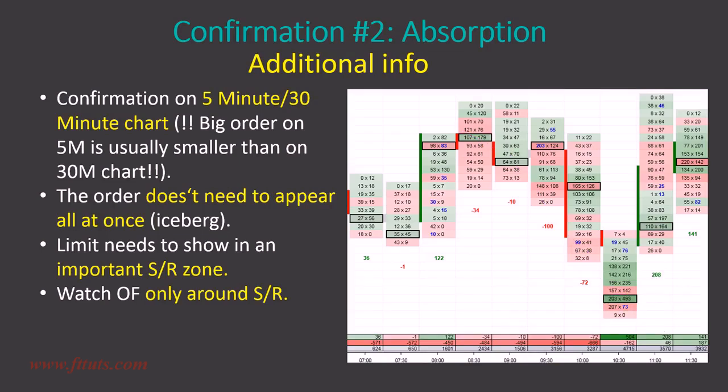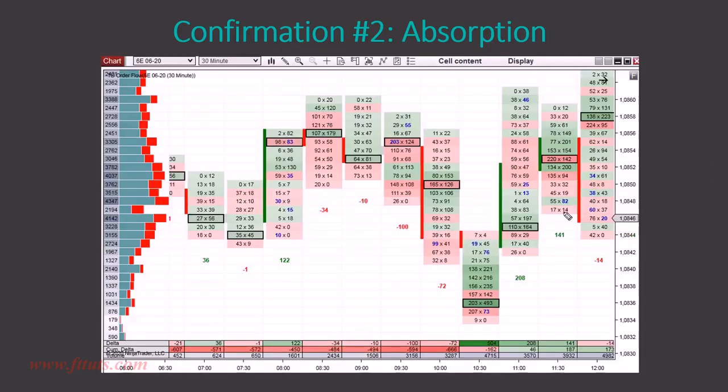Alright, so let's now have a look at some examples. I already used this one in the previous slide. The price was going downwards. Imagine that there was a support. The price hit it. Then this high volume node appeared with huge numbers on bid as well as on ask. This looks like the absorption.